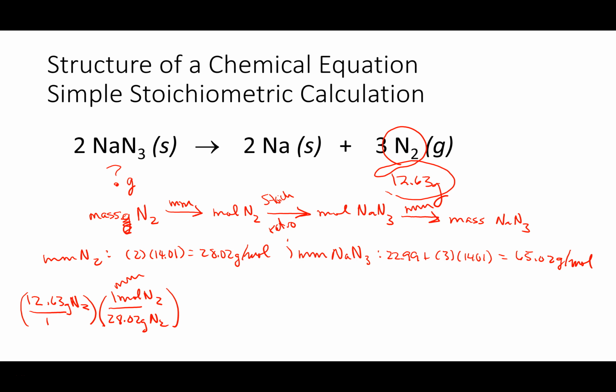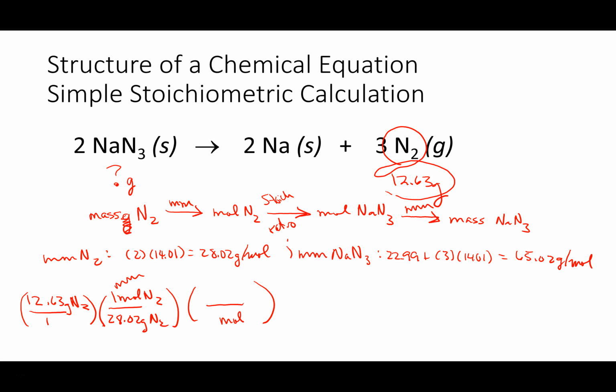So that brings us to moles, and we're going to use the stoichiometric ratio. So what does that look like? Sometimes what I do is I put my units down, and then I go up and look at the stoichiometric coefficients.